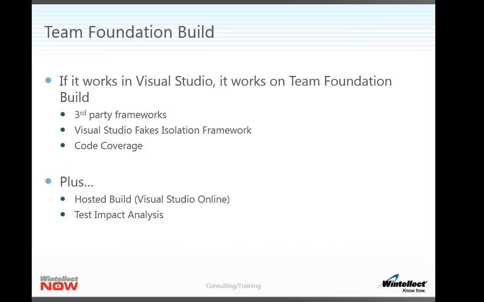Finally, build is where you harness automation. I recommend that you include running your whole suite of unit tests with continuous integration builds, as well as providing the foundation for regression testing and nightly and other builds. I'll have more detail in my build, deploy, and test session on WinElect Now.